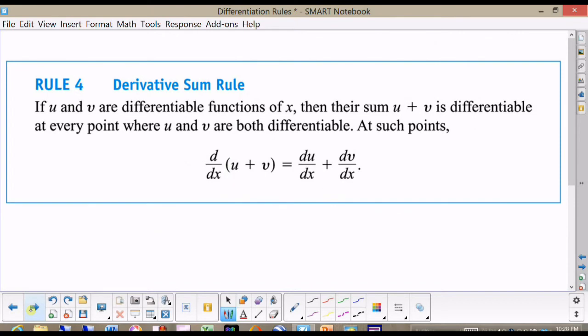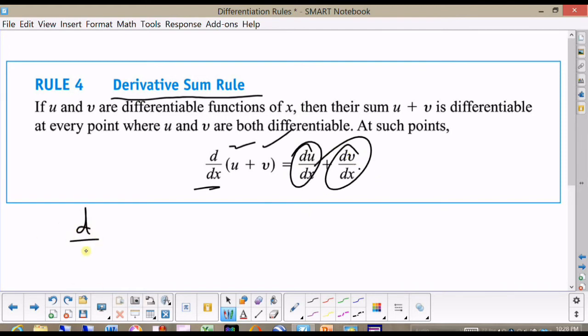Now, this derivative sum rule is very easy to prove. We're not even going to spend any time on it right now. It just simply says that if you take the derivative with respect to x of the sum of two functions, u plus v, you just simply take du/dx plus dv/dx.